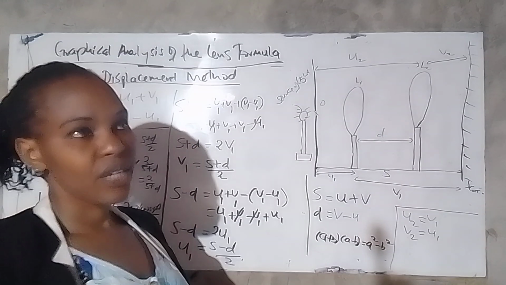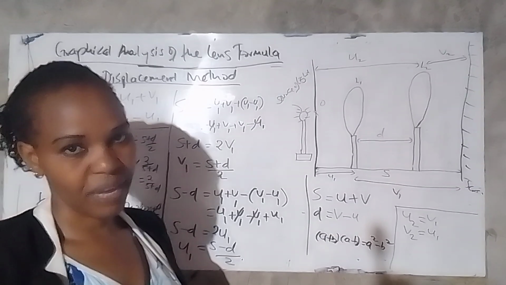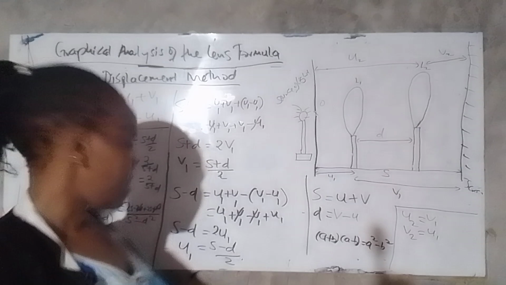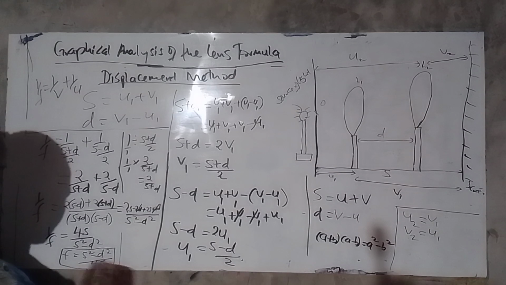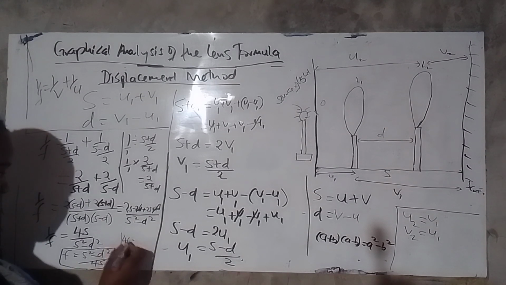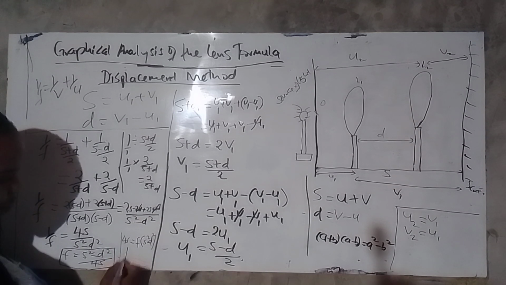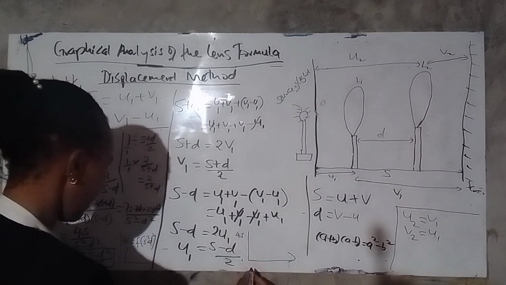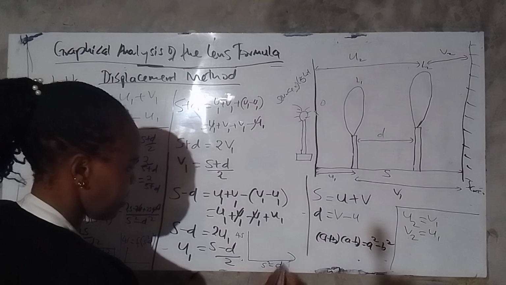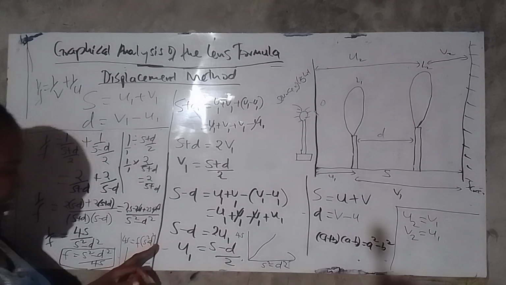Now that brings us to the end of using the lens formula; next is graphical analysis of our lens formula. We can put this information on a graph. If you multiply by 4s, we get 4s equals f into (s squared minus d squared). So if you plot a graph of 4s against s squared minus d squared, you get a straight line through the origin, as you can see, it's plus 0.